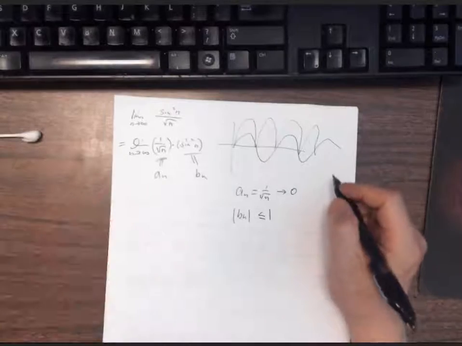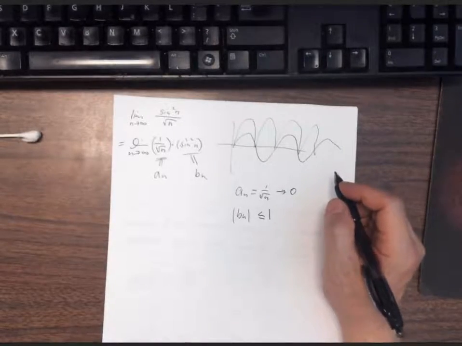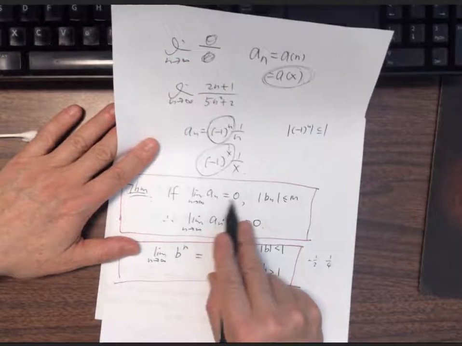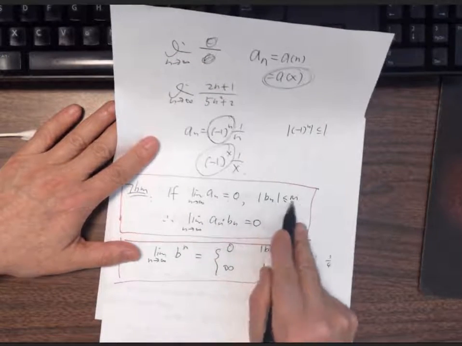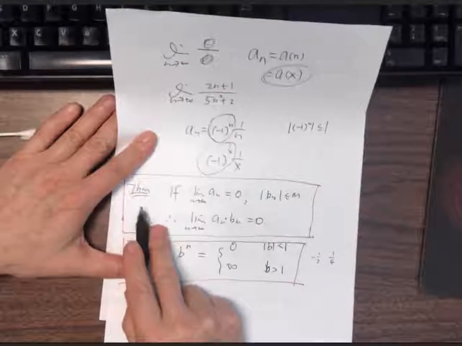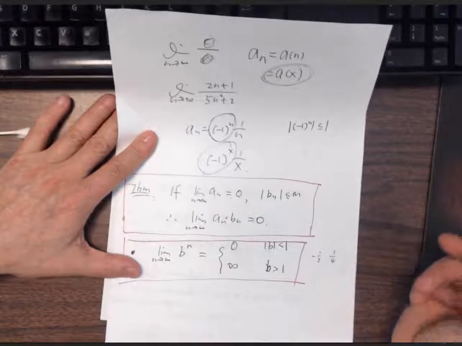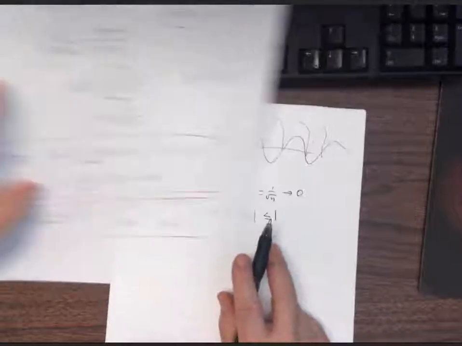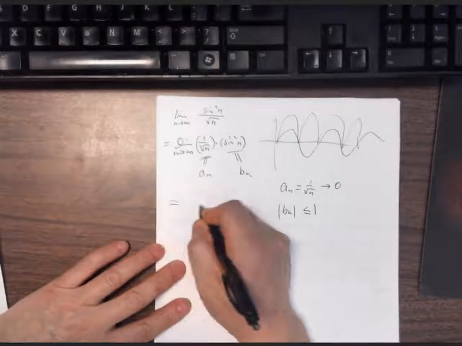So we got the perfect combination like this. I have a factor approaching 0, the other factor always bounded, and according to the theory, which is a result of the sandwich theorem, the limit of the product is 0. So we just draw the conclusion.